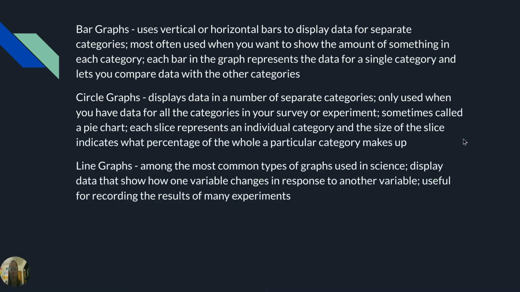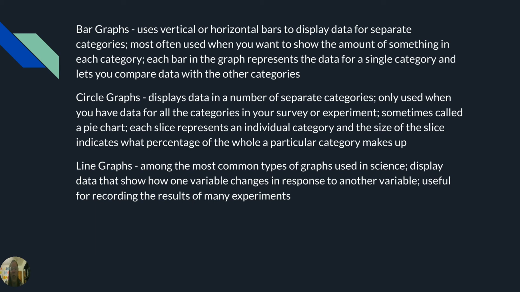Okay, so bar graphs use vertical or horizontal bars, so it could be the other way, to display data for separate categories. Most often used when you want to show the amount of something in each category. Each bar in the graph represents the data for a single category and lets you compare data with the other categories.